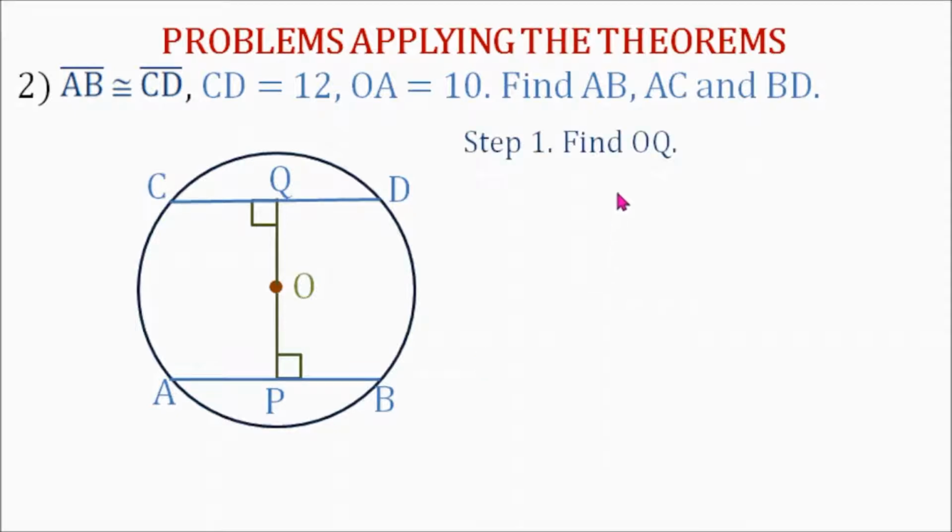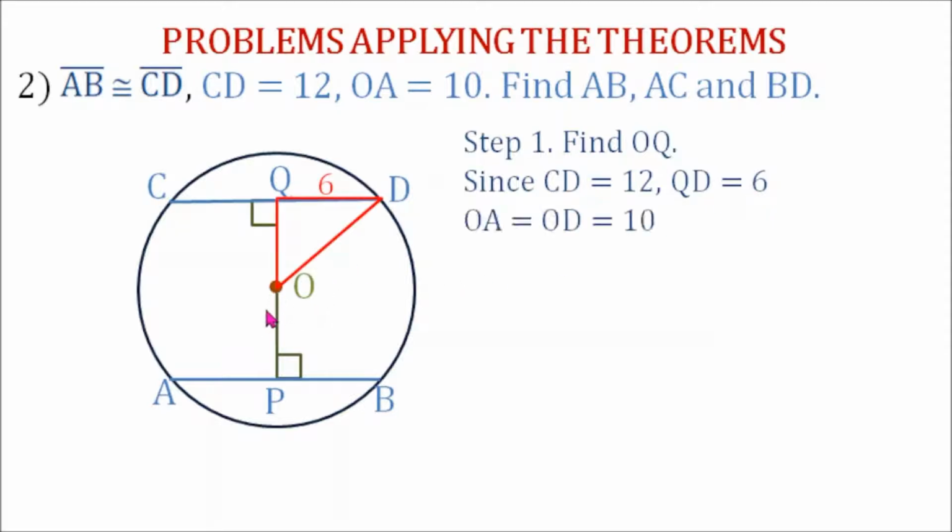First, we are going to find OQ. Since CD equals 12, that means QD equals 6. Now we have a right triangle. Since OA equals 10, and this is a radius of circle O, this means OD is also 10.